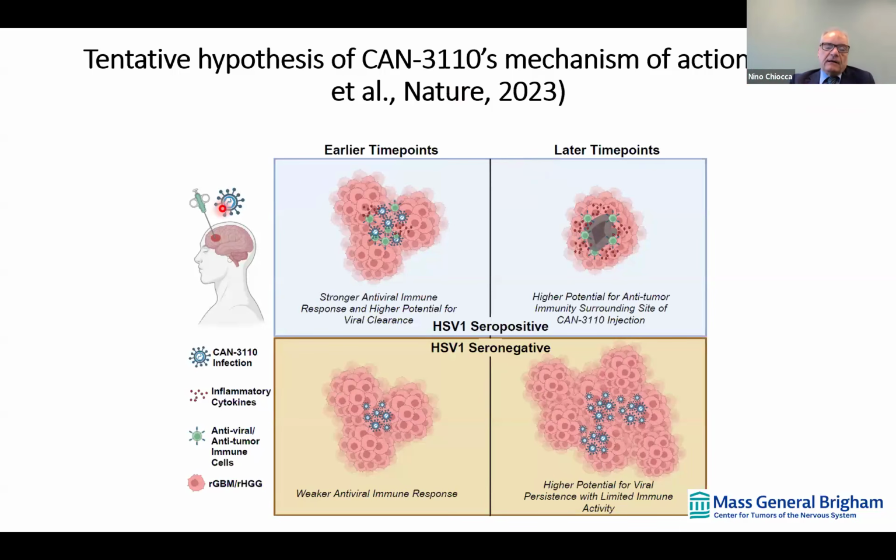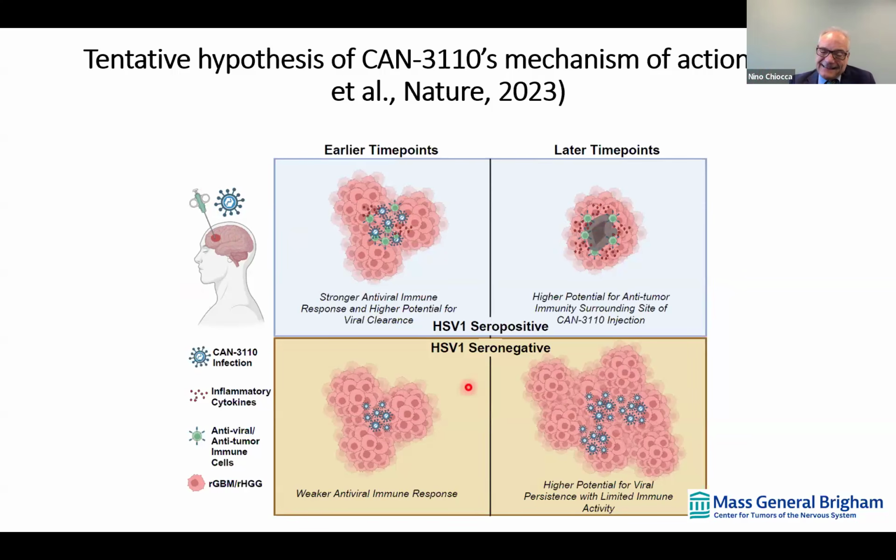And so we're giving patients that have pre-existing exposure to the virus a viral injection in their tumor. Now you have these T cells that just expand. They know that there's a virus there. As you inject the virus, these T cells rapidly expand, come to the tumor, and try to destroy tumor cells as well as virally infected tumor cells. And this gives us a better response.